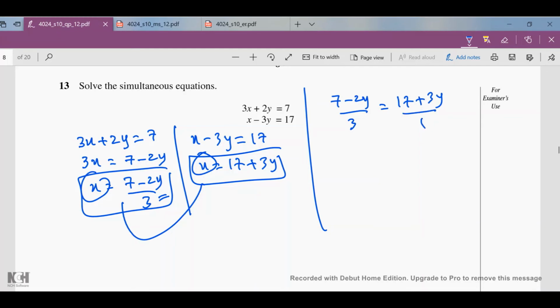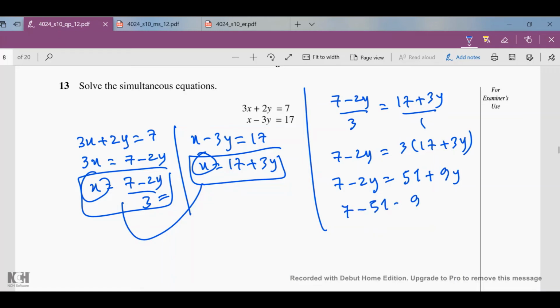I can write one cross multiplication. 7 minus 2y is equals to 3 multiplied by 17 plus 3y. 7 minus 2y, when you multiply by 17 multiplied by 3, the answer is coming 51 plus 9y. 7 minus 51 is equals to 9y plus 2y, that is 11y. And 51 minus 7, you can get 44, and y is becoming 44 upon 11 is 4.